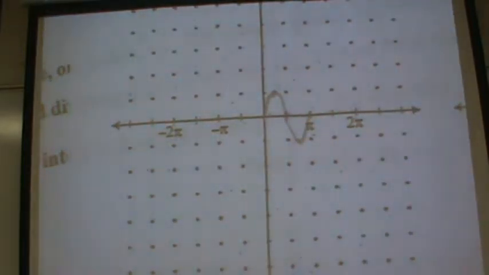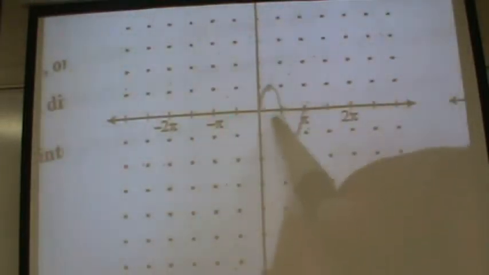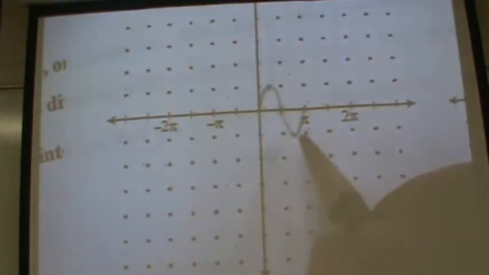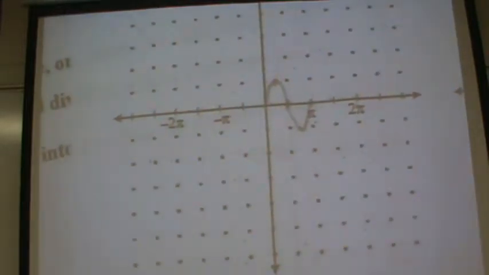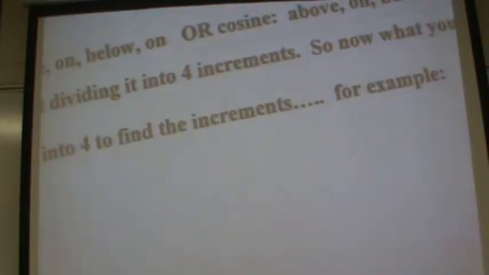It would look like that. That would be one cycle versus from here to here. So what's happening to your graph? It's being horizontally compressed by a factor of a half. Okay? Let's flip it over and see if you can do the next one.